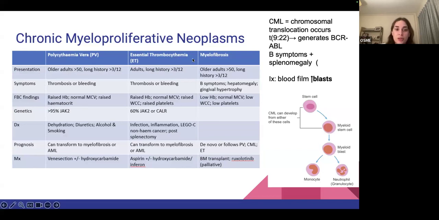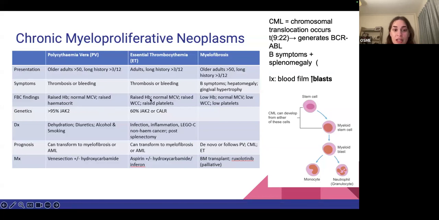And then essential thrombocythemia is a neoplasm where you've got excess platelets, rather than in PV where it's an isolated rise in hemoglobin.